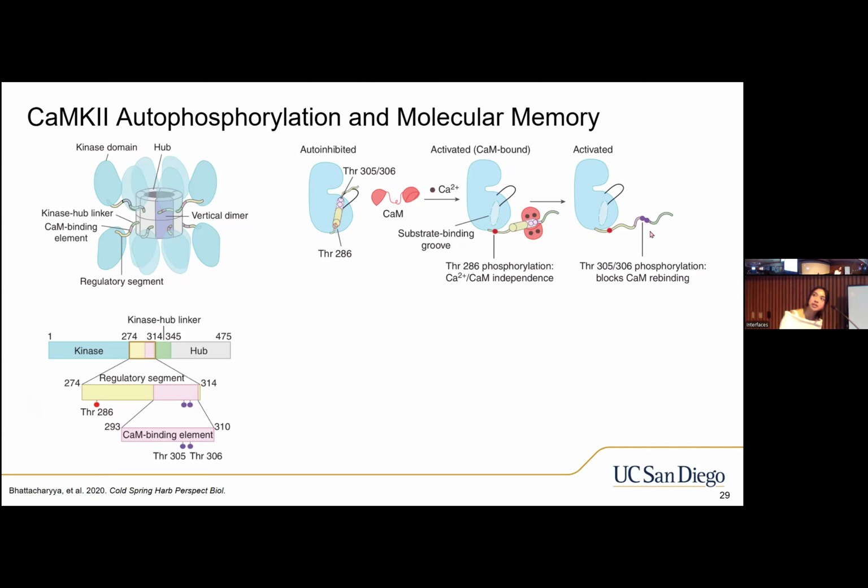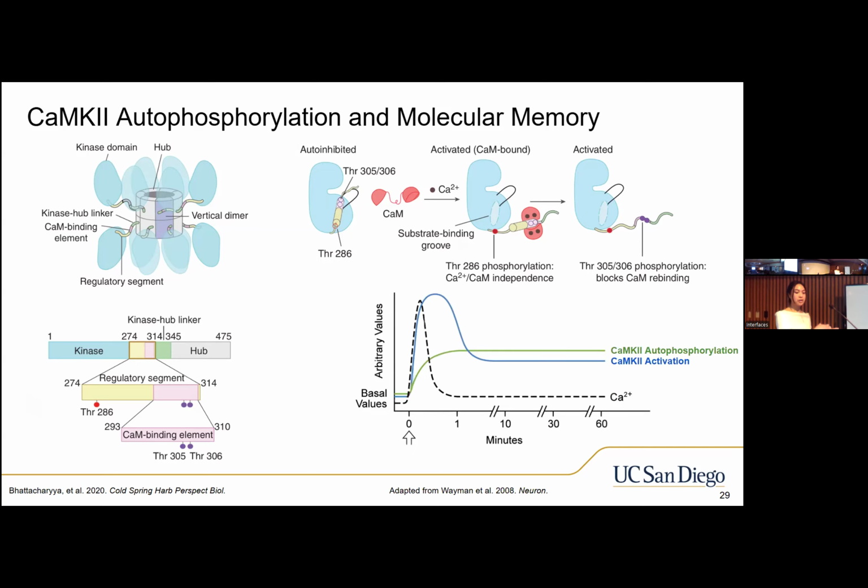Whereas phosphorylation at threonine 305 or 306 blocks calmodulin rebinding. And so with this, CAMK2 can enter its calcium independent and autonomous state. And this allows CAMK2 to transduce highly transient calcium signals into longer lived signals. And it's thought that this autonomous state is important for long-term potentiation and memory.